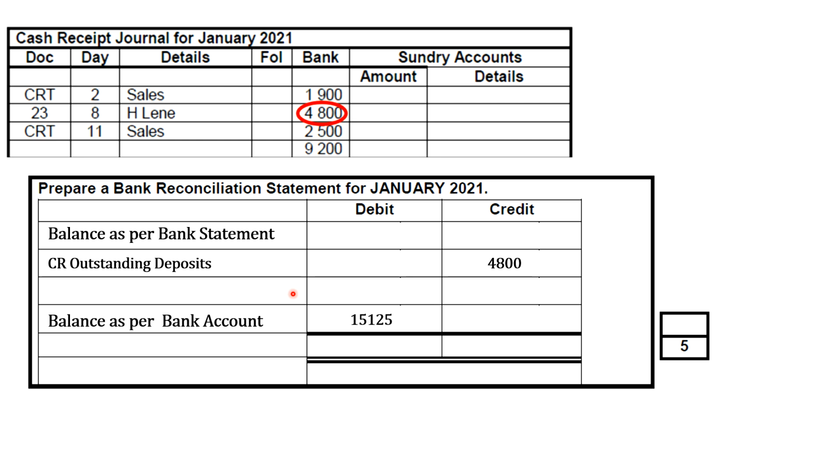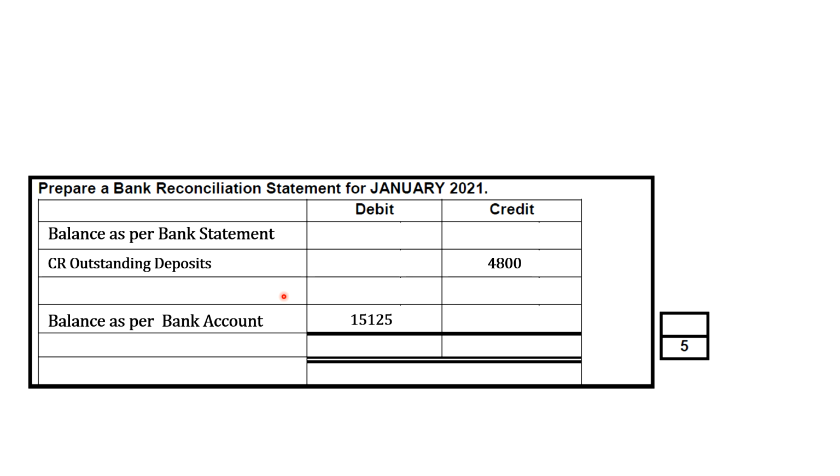The amounts from CPJ, we call them outstanding EFTs. We debit those amounts because, remember, I said that all the amounts from CPJ go on the debit side, and all the amounts from CRJ on the credit side.